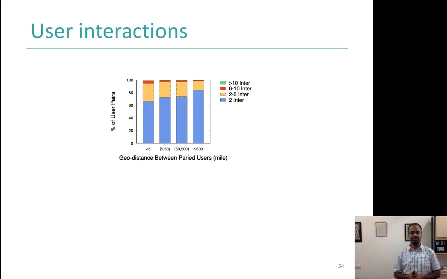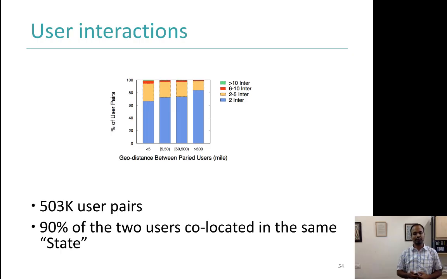User interactions. This is another interesting analysis that they did, which is how frequently users interact, meaning two handles interacting between them. This graph shows on the x-axis the geo-distance between the paired users. Of course, these are the locations that people actually disclosed. The y-axis is the percentage of user pairs which are actually interacting.